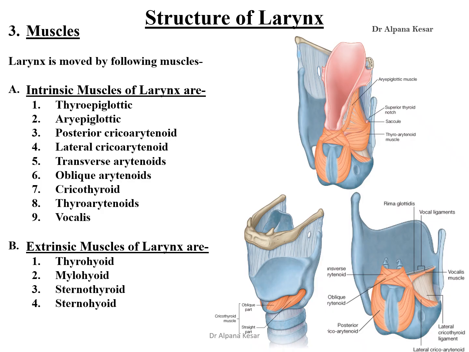The structure of the larynx is completed by muscles. The muscles of the larynx are divided into two categories: the intrinsic muscles of larynx and extrinsic muscles of larynx.